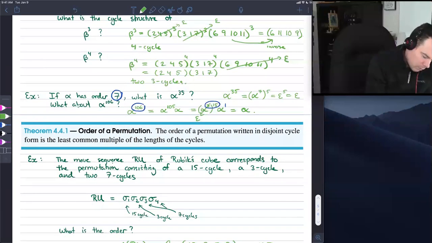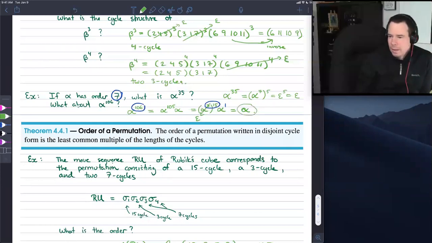So we've got that alpha to the 106 turned out to be just alpha. And that's because the power on alpha in the end is just going to be the remainder of that 106 divided by the 7. And that was 1. So we could just use that theorem now that says alpha to the 106, oh, it's 1 more than a multiple of 7. So alpha to the 106 has to equal alpha, or itself.